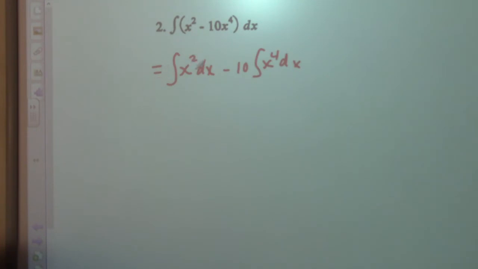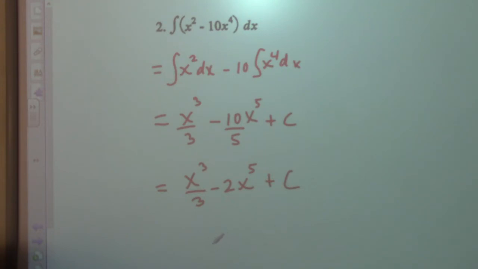Okay, and so now you can just integrate this by taking x to the third power divided by 3 minus 10 x to the fifth power divided by 5, and then plus c. And if you simplify, you get x cubed over 3 minus 2x to the fifth power plus c. And that should be your answer.